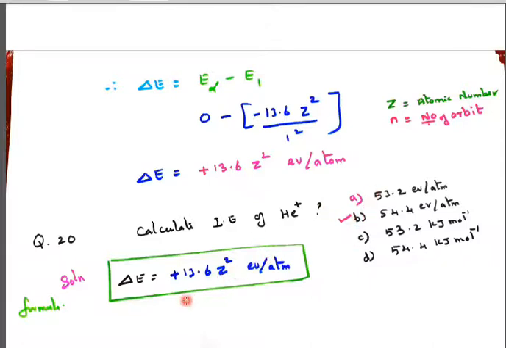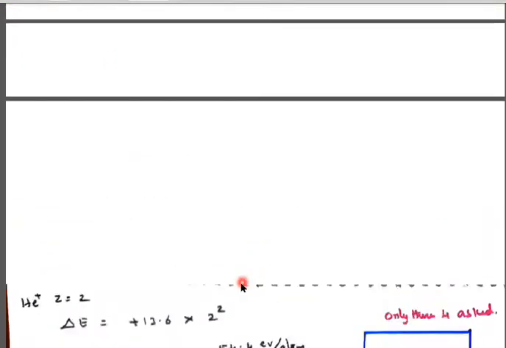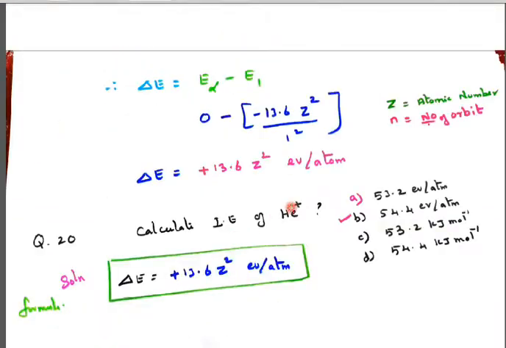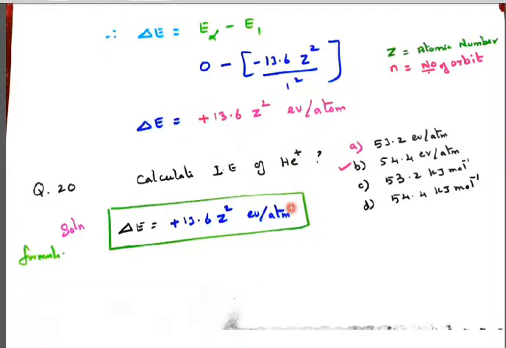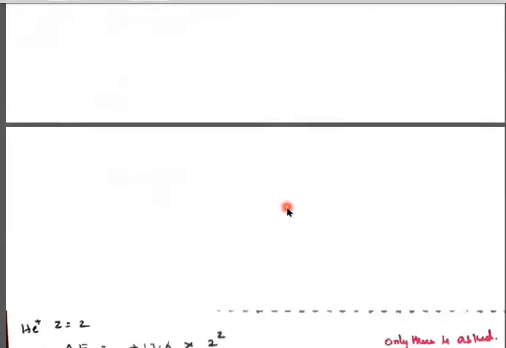So here plus 13.6 Z square electron volt per atom is the formula. Now substitute: helium belongs to atomic number 2, so we substitute Z as 2.